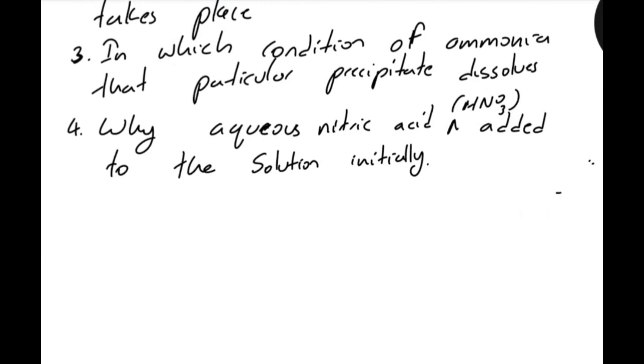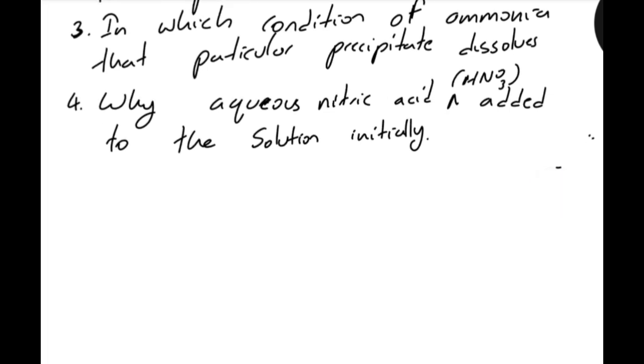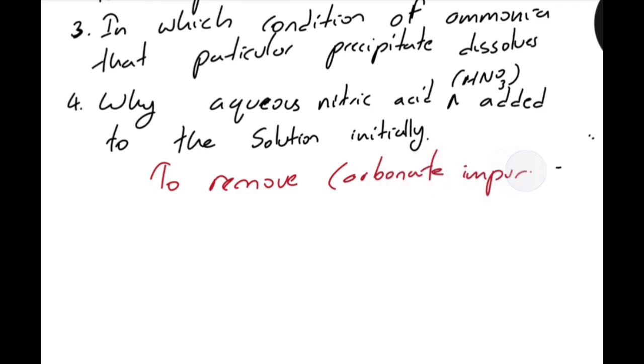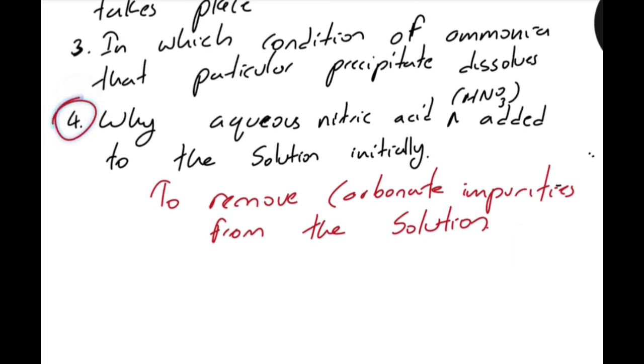We add the nitric acid to the solution initially to remove carbonate impurities from the solution, right? So you have to keep this in mind because this question is asked more frequently than the other questions.